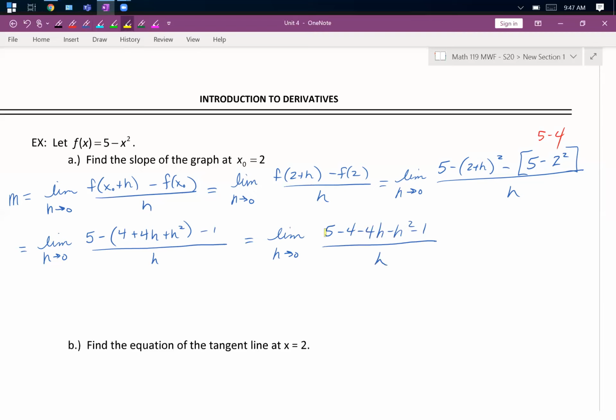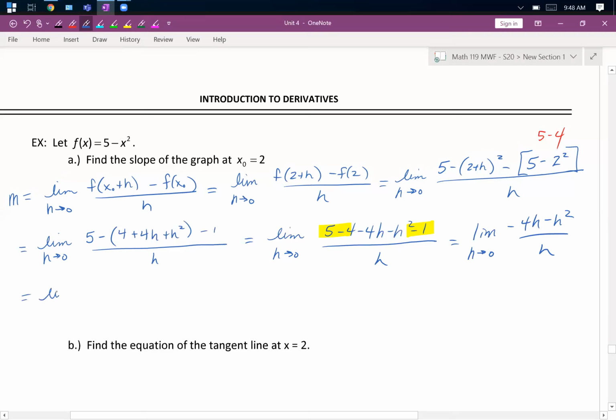Combining like terms, all of our constants fall out. And we see this with the difference quotient all the time. Every term that doesn't have an h cancels out so that we can cancel with the h in the denominator when we have a polynomial. So this is the limit as h approaches 0 of negative 4h minus h squared all over h.